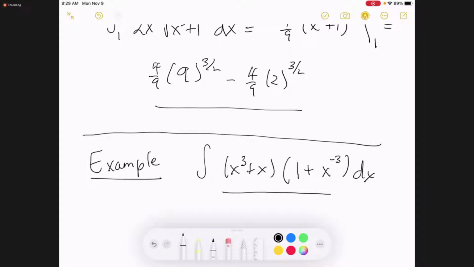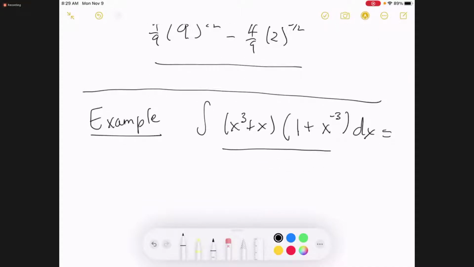What do I need to do? You could factor. Yeah, I'm going to expand. So multiply it out.